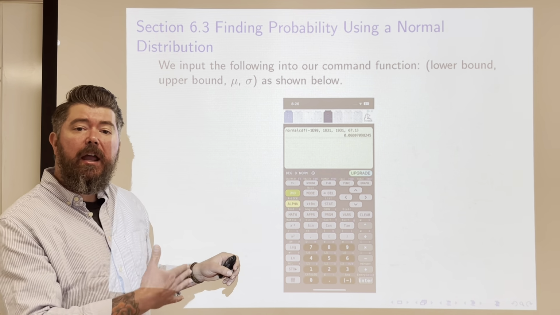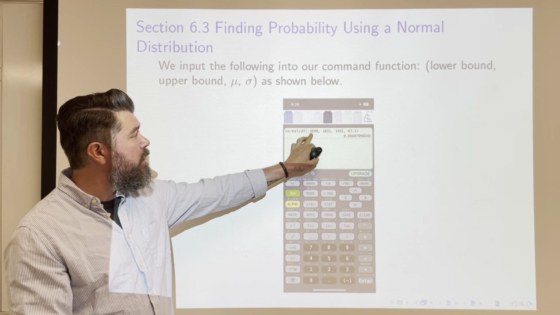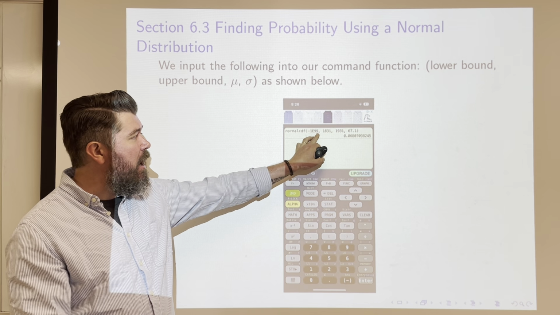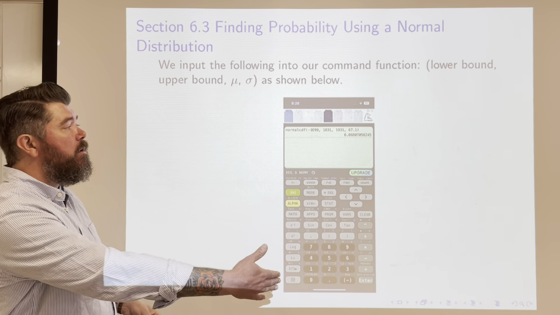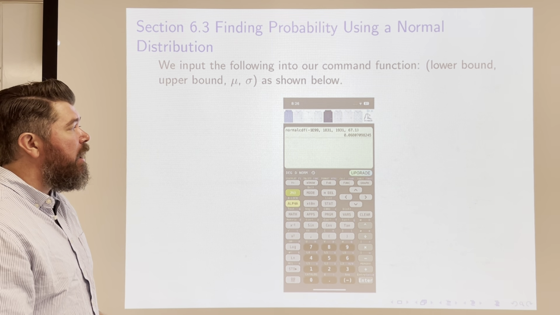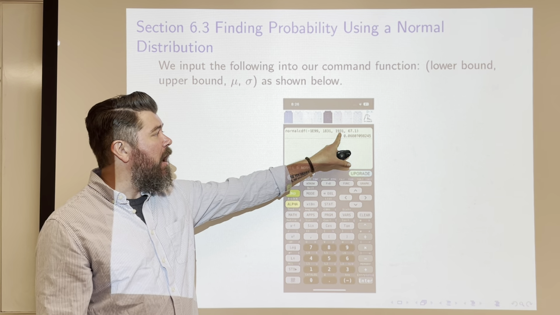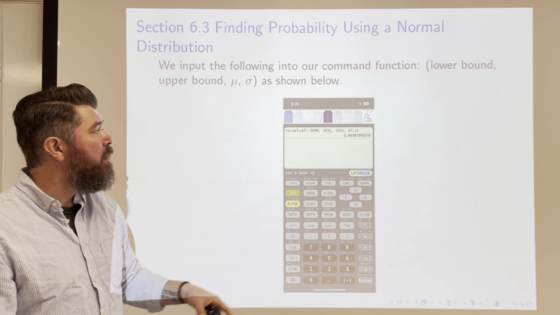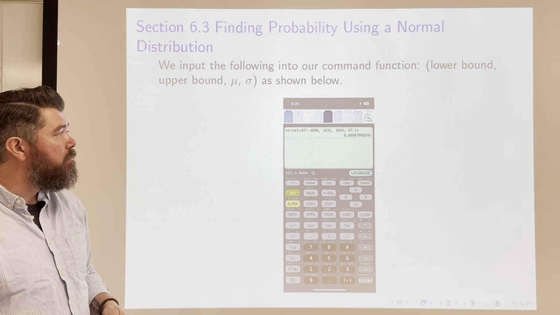So this is an area to the left, so we use it as a lower bound. -1 E99, that's our lower bound, comma, we're going to go up to 1,831. Our mu is 1,931, and our sigma is 67.1.